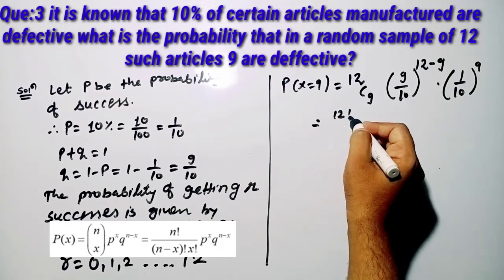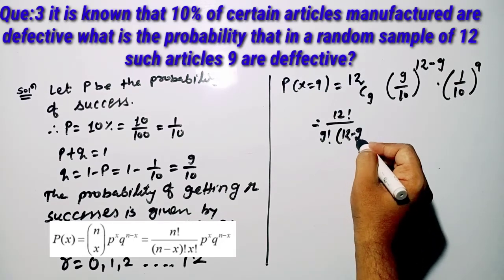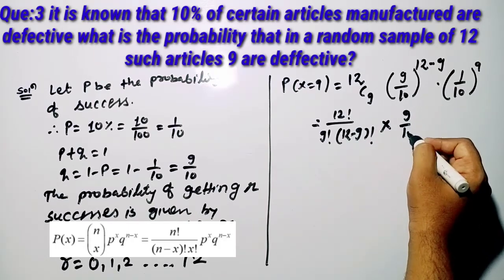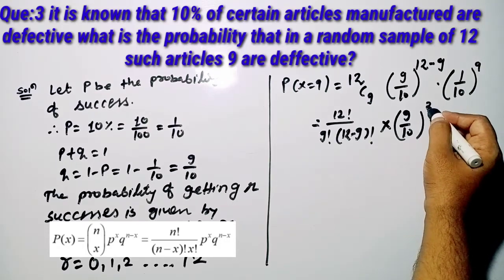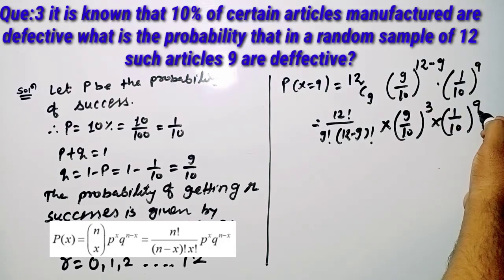X means 9. So 12 factorial over 9 factorial, 12 minus 9 factorial, right students? Now this can be written as 9 by 10 whole to the power 3, and 1 by 10 whole to the power 9.